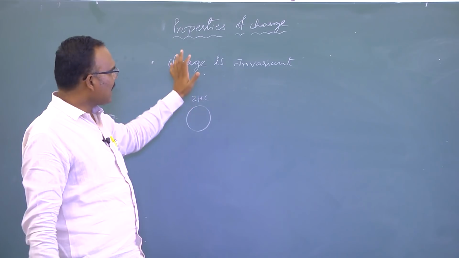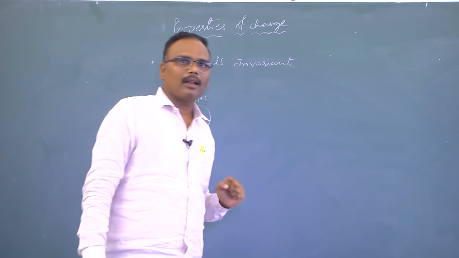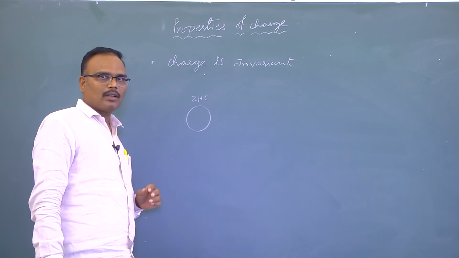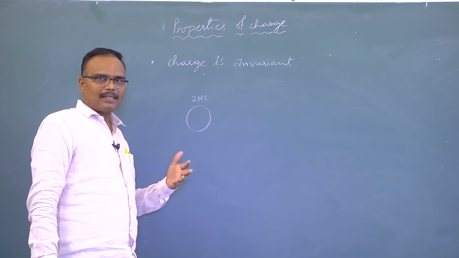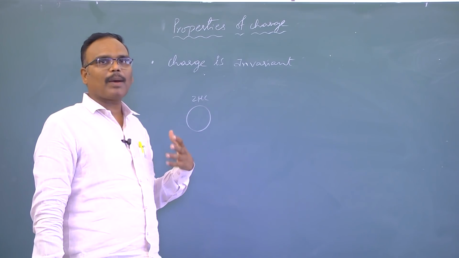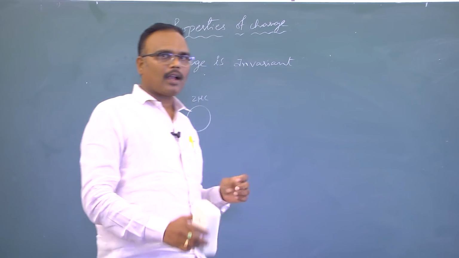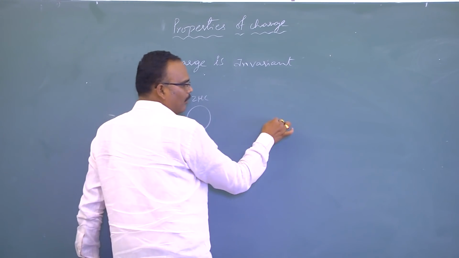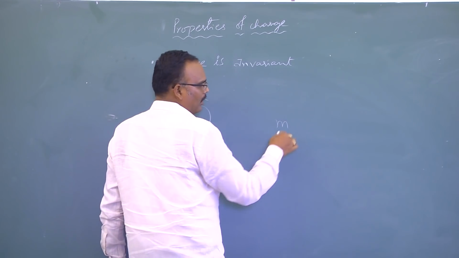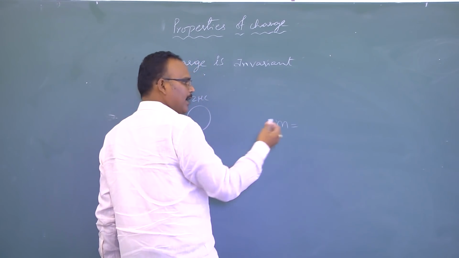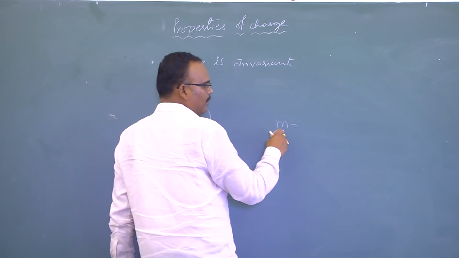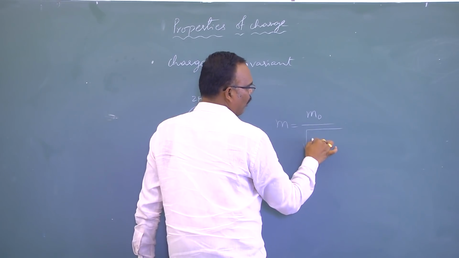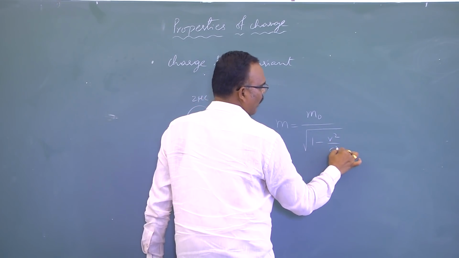Why are we particularly discussing that charge is invariant? Because charge is a fundamental property of matter, but the mass of matter can change. Mass depends on the velocity of the particle or body. According to Einstein's relativistic theory, the mass of a body at any instant is m is equal to m naught divided by square root of 1 minus v square by c square.